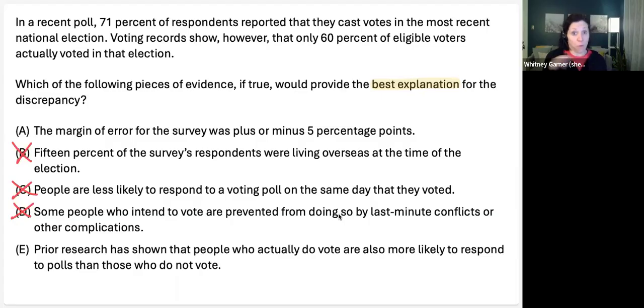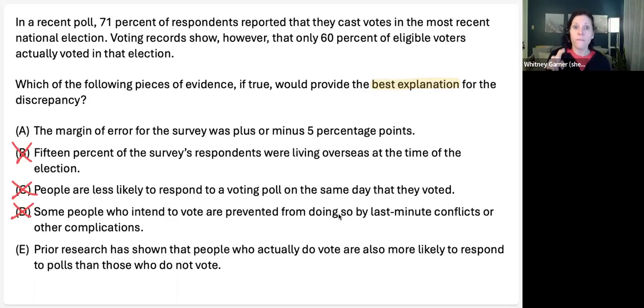And now we know flat out that E says the sample is not representative. We just need to make sure that its non-representativeness actually matches the data we see. So remember, if true, which of the following, if true.